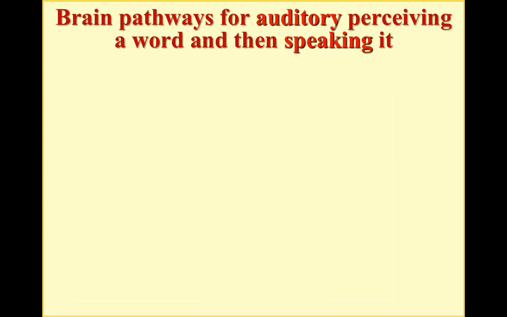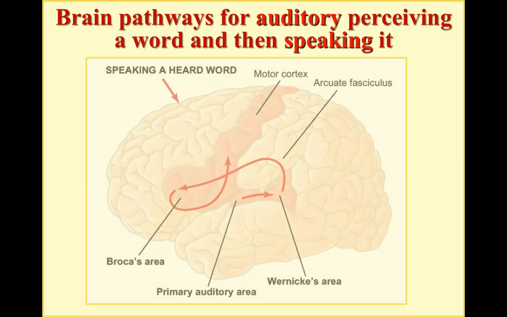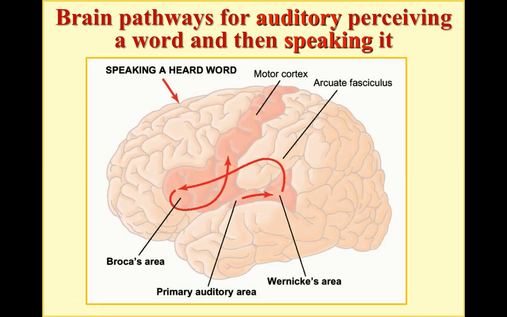Brain pathways. Now let's observe how it is performed. Now we will see exactly how it works when you hear a word and then need to speak it. First, if it's a spoken word, it's an auditory stimulus, and it comes first to the primary auditory area.